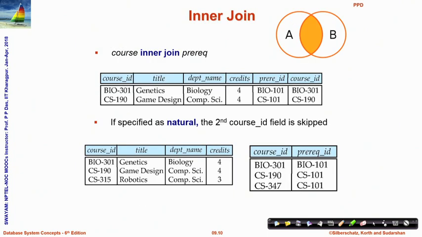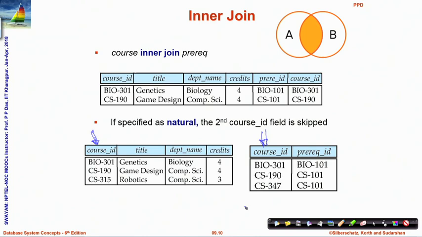With this observation, let us start trying to see what different joins mean. Inner join is computed as follows: in the two relations that we have, there is an attribute course ID which is common. Once we have taken the cross product, we retain from it only those rows where the course ID in relation course and the course ID in relation prereq are the same.